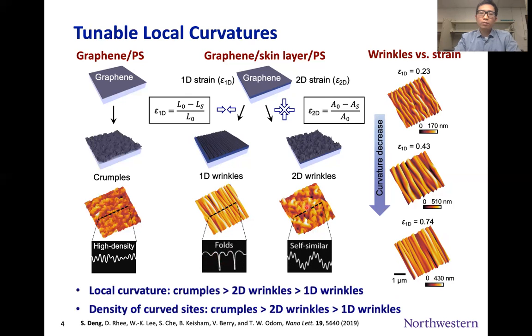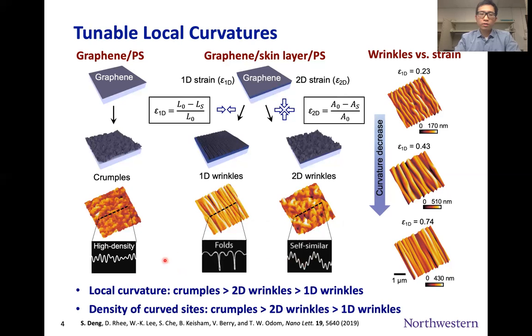And the 2D wrinkle is rougher than the 1D wrinkle at all strain levels, and at a higher strain, it starts to form these self-similar structures. The crumples are even rougher than the 2D wrinkles and have a higher density of high curvature sites compared to 2D wrinkles and 1D wrinkles.